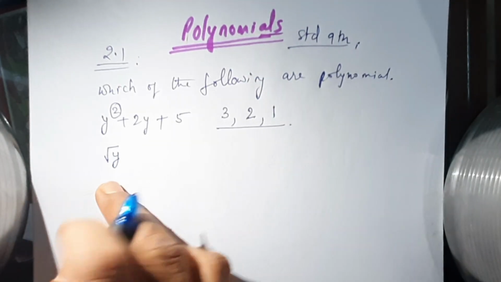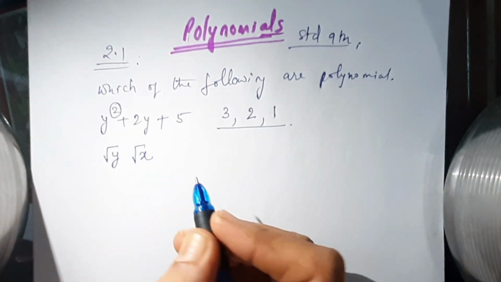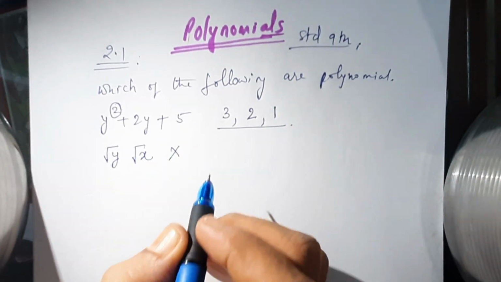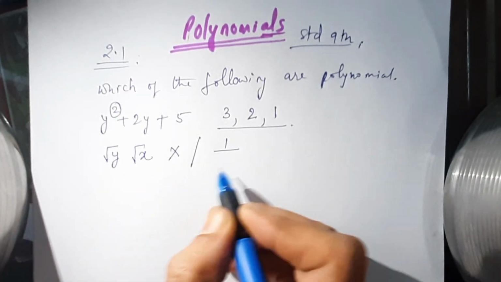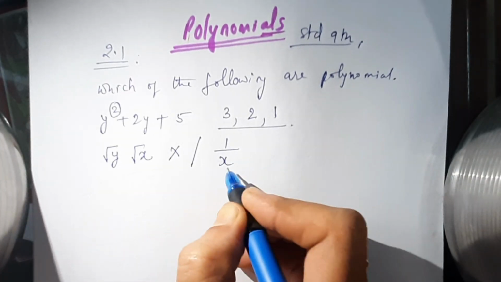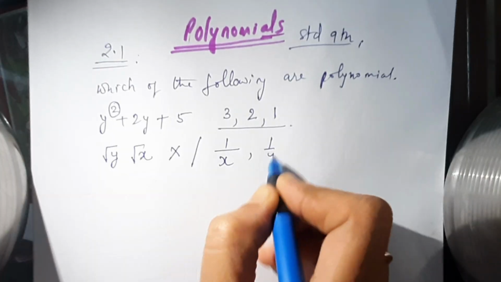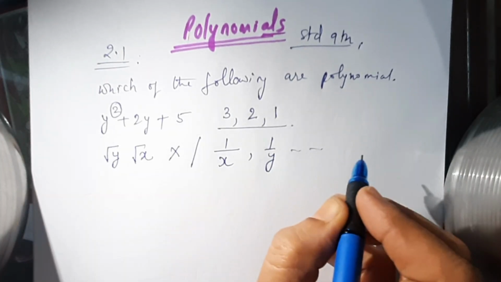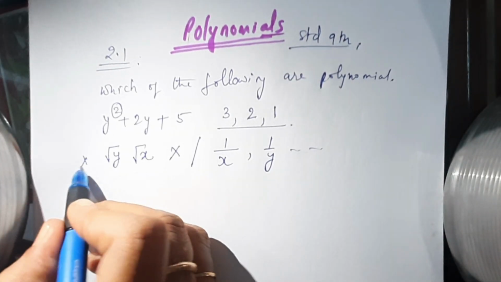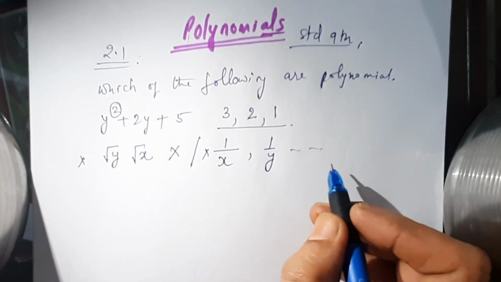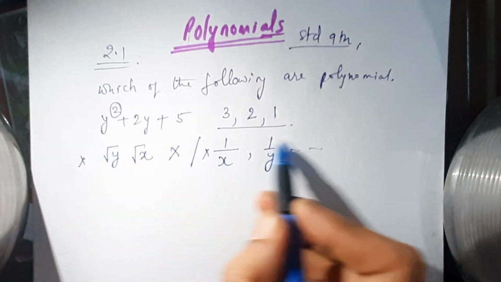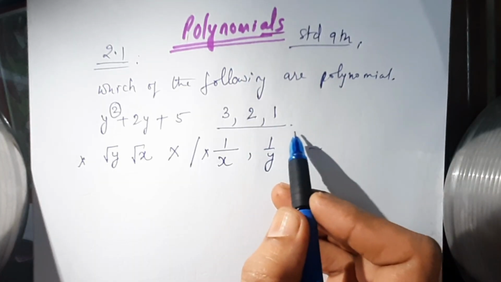Like if y or x is under root, we don't call it a polynomial. And the next condition, the variable's alphabet should not be in the denominator, like 1 upon x or 1 upon y. So these two conditions we need to check. Otherwise, if there is any power, we call it a polynomial.